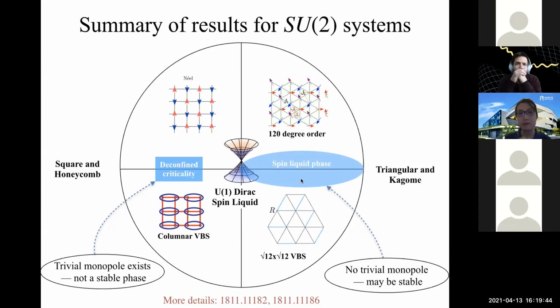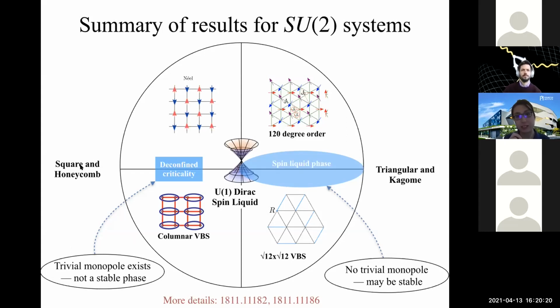All the relevant monopoles you can write down are forbidden either by spin rotation, lattice rotation, or translation symmetries, which means this Dirac spin liquid can exist as a non-trivial stable critical phase on these lattices. On the other hand, on lattices like square or honeycomb, if you do the calculation, there will be a monopole operator which transforms trivially under all microscopic symmetries.